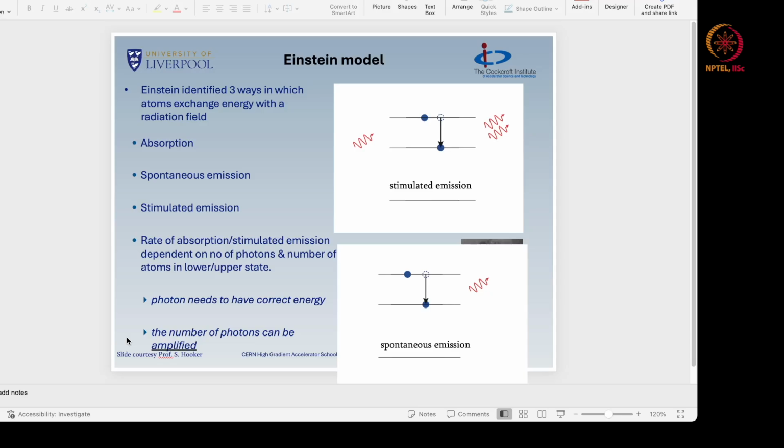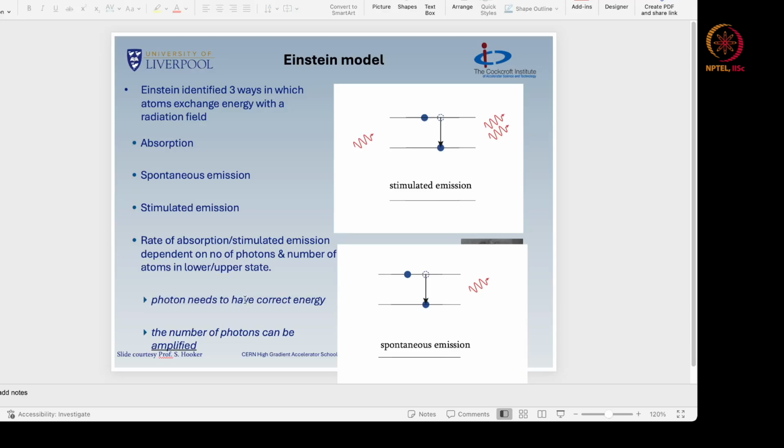The rate of absorption or stimulated emission is dependent on the number of photons and the number of atoms in the upper and lower state. The number of photons impinging on the system is what determines it. Also, the photon needs to have the correct energy, h nu, which means it needs to have the correct color.